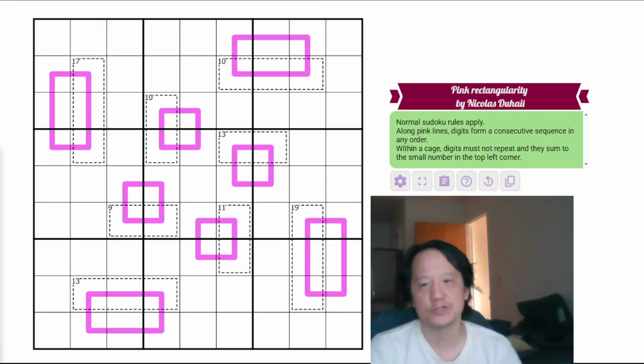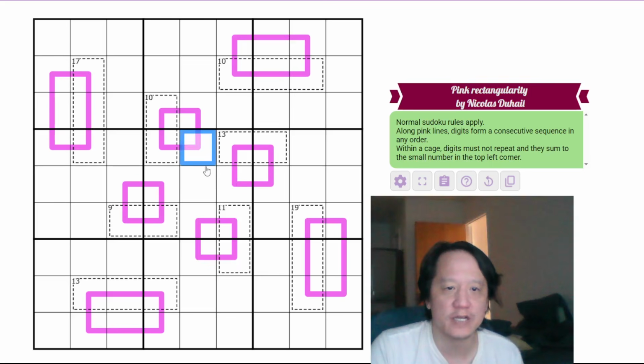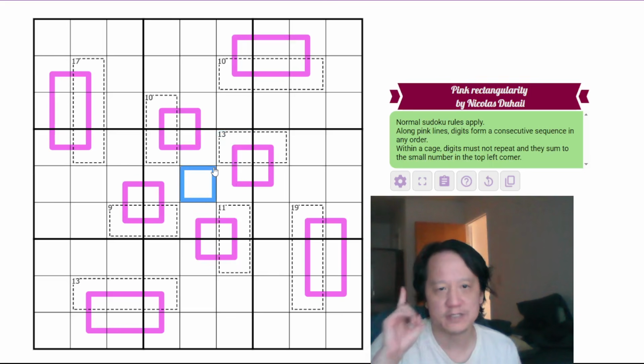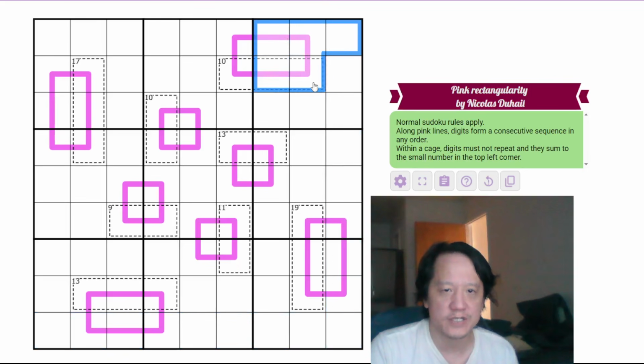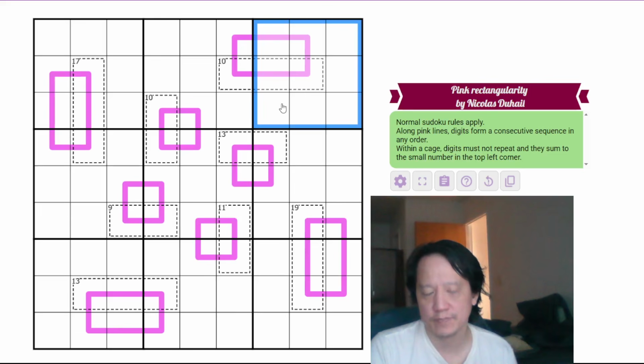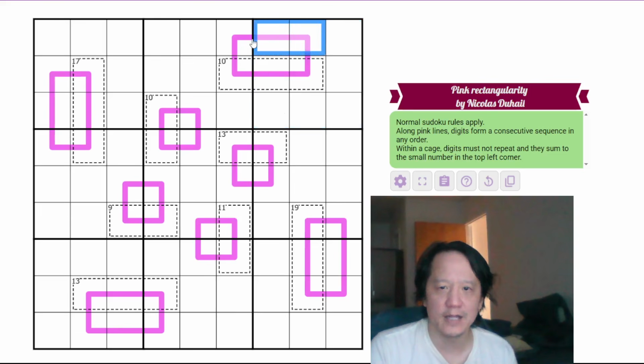Normal Sudoku rules apply, which means in every cell in the grid, place a single digit from 1 through 9, such that there are no repeats in any row, column, or designated 9-cell region. Along pink lines, digits form a consecutive sequence in any order.